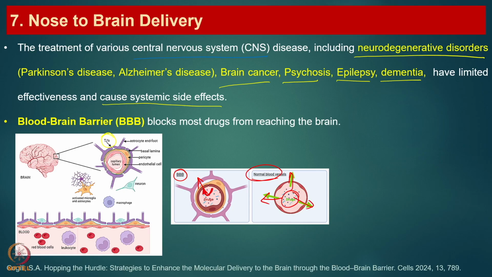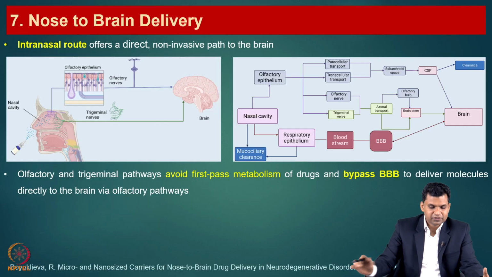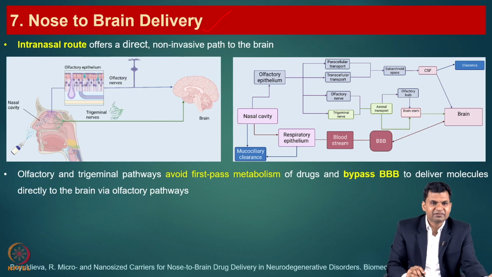So, these tight junctions will not allow the drugs to reach the target, but there are systems, for example, nasal routes, or you can say nose to brain delivery.